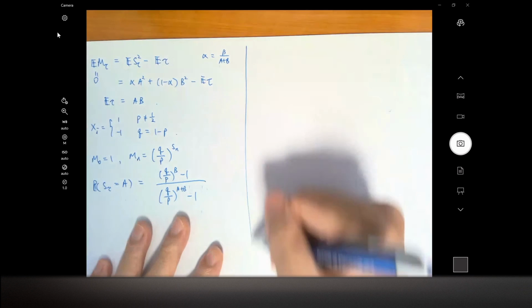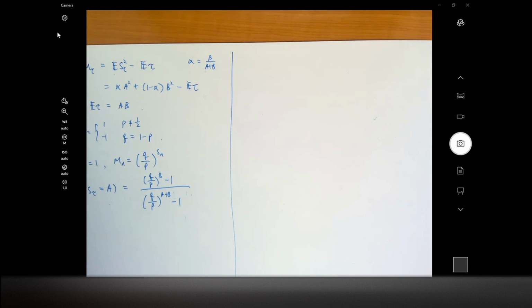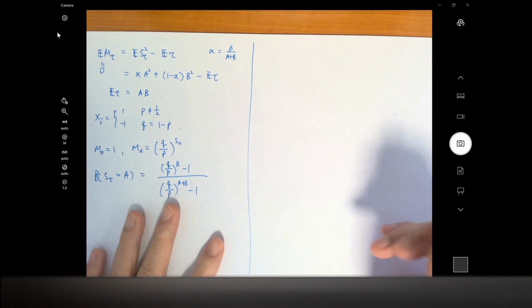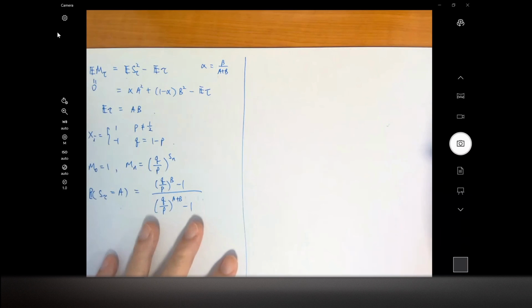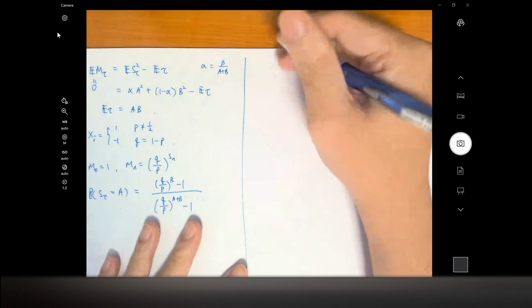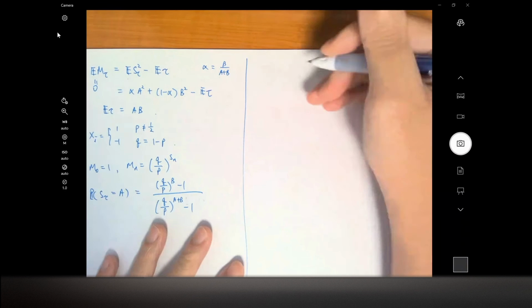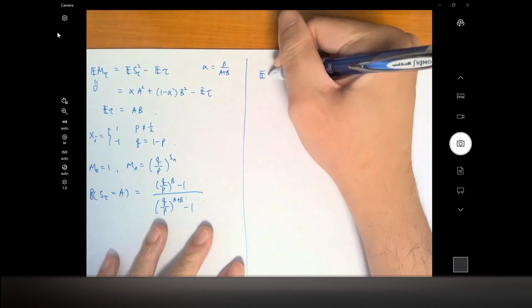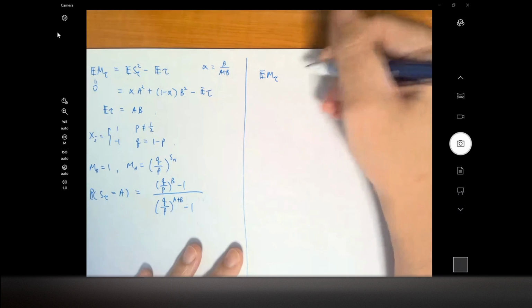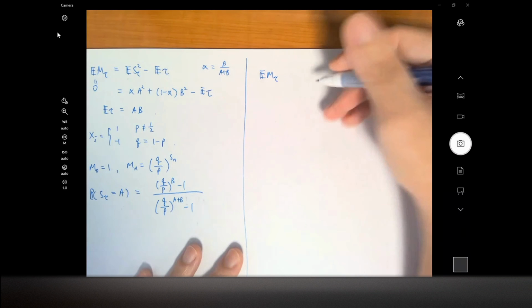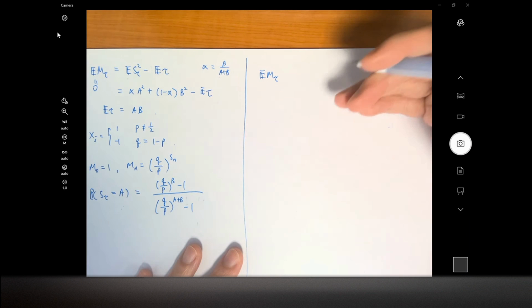Okay, so now we saw in the previous example, right? Basically, the trick that we used was to say that, right, these are expectation of M at n minimum tau, okay? And making use of the DCT, right?